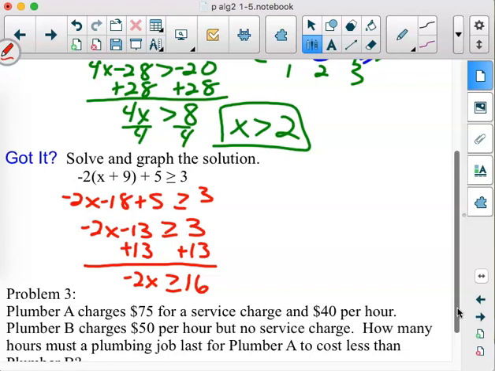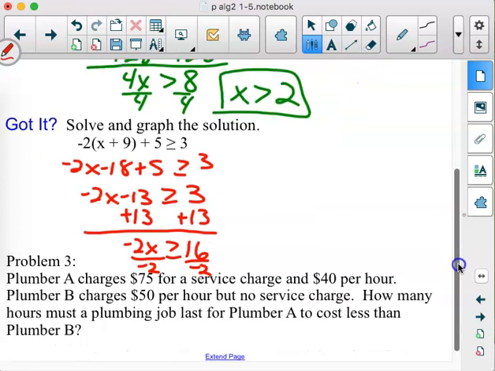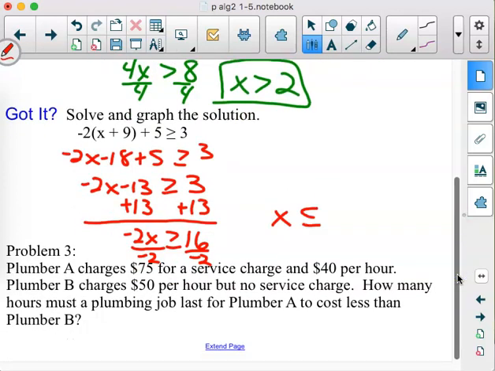Divide by negative 2. Do we do any flipping for dividing by negative 2? Absolutely we do. Do we need to graph that one? Open or close dot? Shading which way? Okay, let's not bother then.